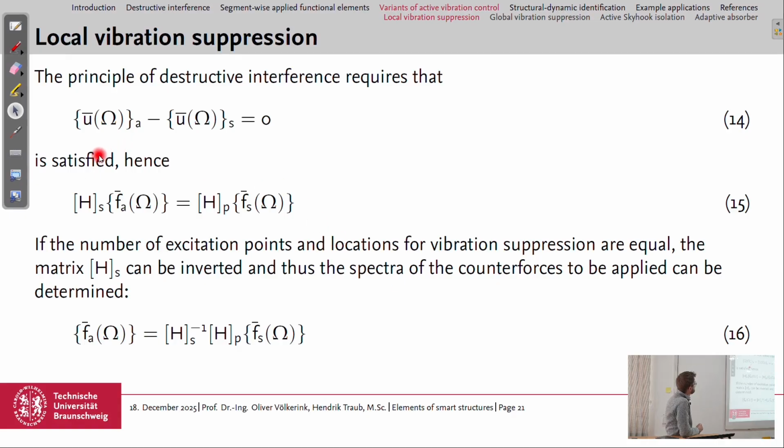Now we can say again that the principle of destructive interference requires that these 2 vectors are equal, again a matter of sign, so that we have the sum to 0, that these points are calm or quietened. This is satisfied when the transfer function of the secondary path times the vector of excitation by the actuator equals the primary path times the excitation of the disturbance.